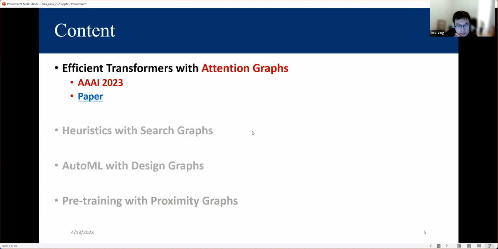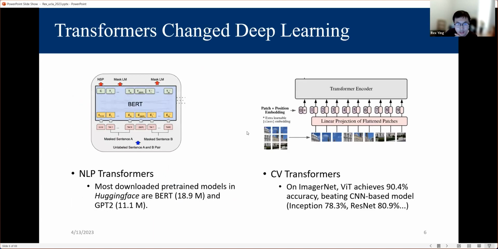So the first work is in IEEE 2023, which we call Diffuser. Just a little bit of background: Transformers have changed deep learning so much that nowadays state-of-the-art representation learning always uses transformers to do some form of pre-training, fine-tuning, or transfer learning.